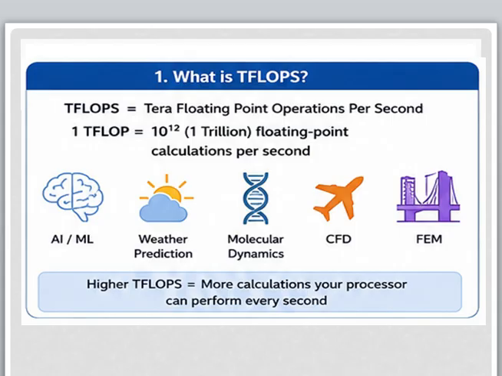Scientific applications like artificial intelligence, weather prediction, molecular dynamics, computational physics, CFD (computational fluid dynamics) and finite elements really require high teraflop performance for better computing. So the higher the teraflop, the more mathematical calculations your processor can perform every second.